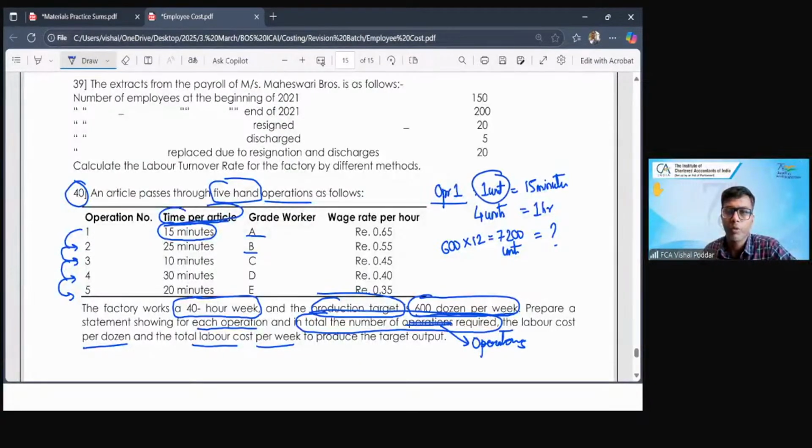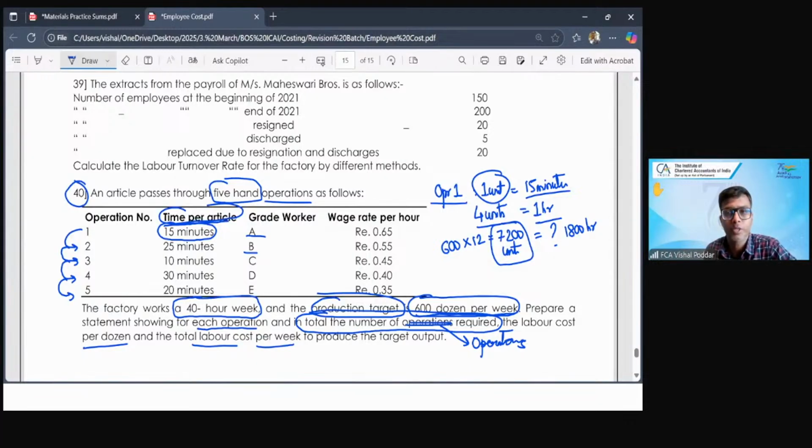One unit requires 15 minutes, so in 1 hour, I should be making 4 units. I need to make 7,200 units. So how many hours required? It will be simply 7,200 divided by 4. Once I divide by 4, I will get 1,800 hours.